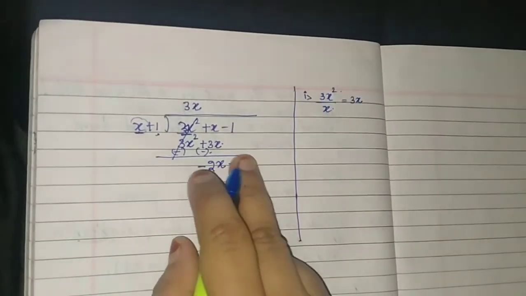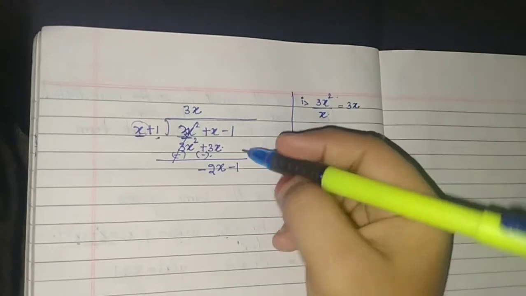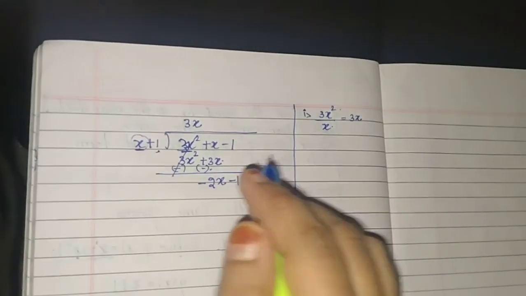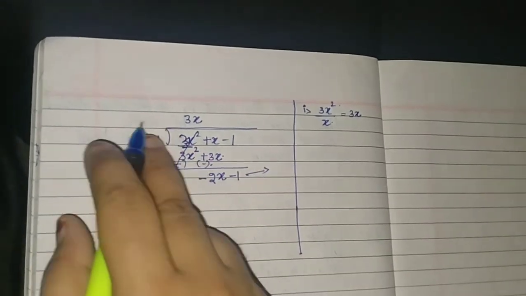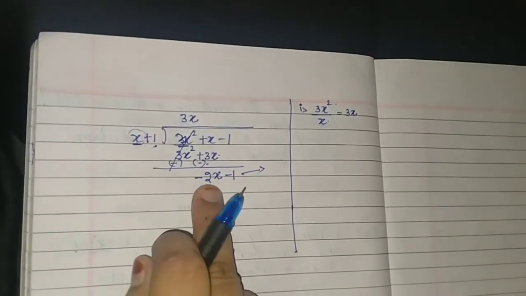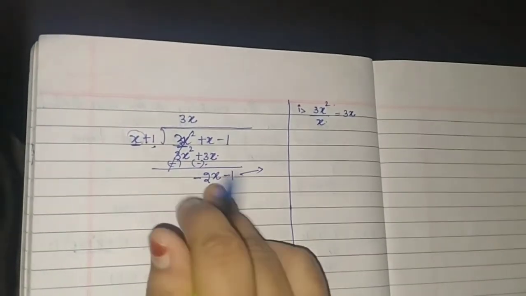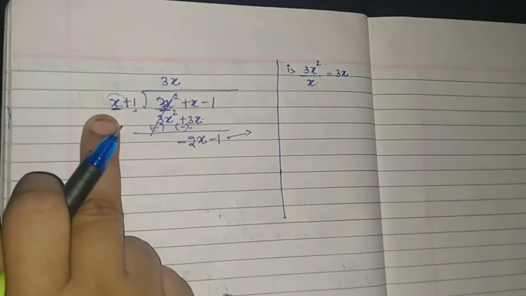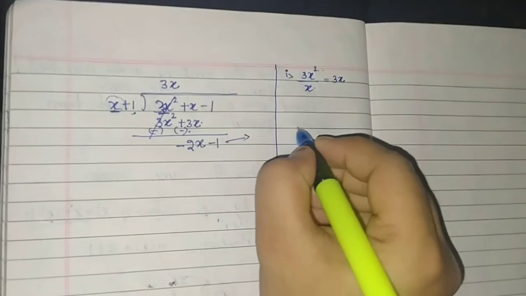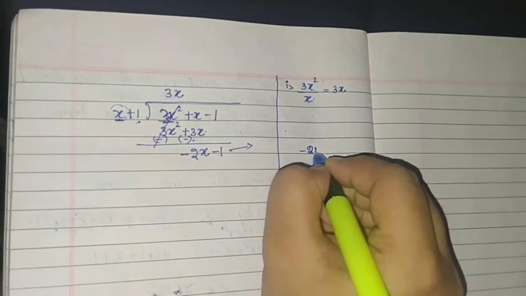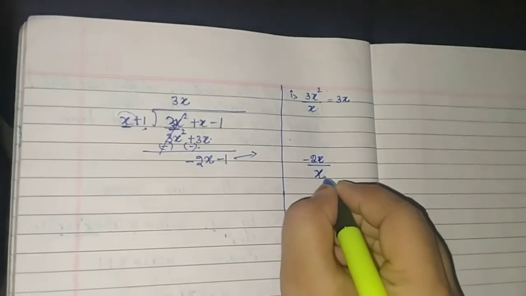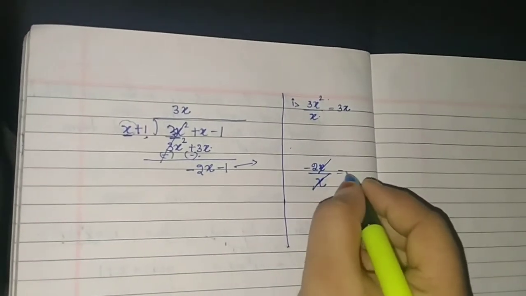Again, whenever you get an answer like this, you have to consider it as the new dividend, and do the same procedure with this as your new dividend and this as the divisor. Minus 2x, the first term of the dividend, divided by the first term of the divisor, x: x and x will get cancelled. What is remaining?